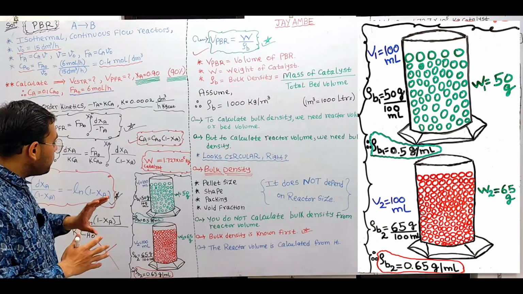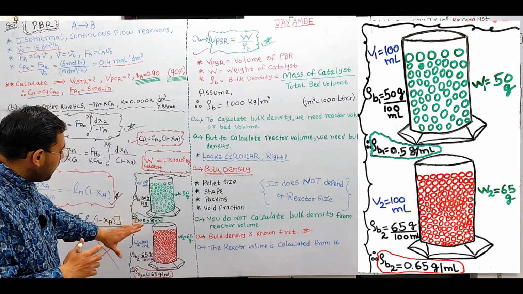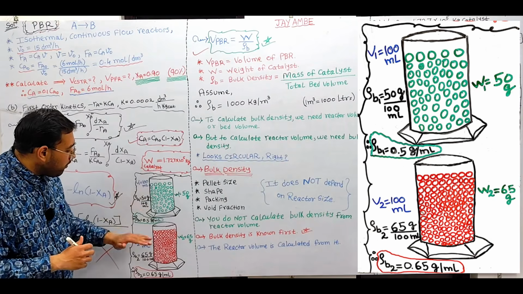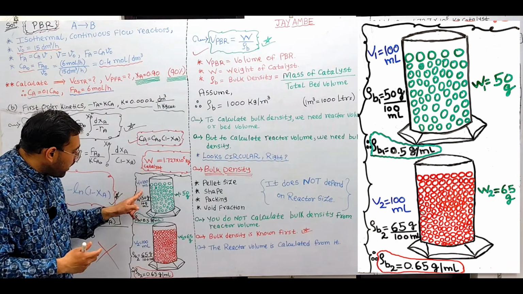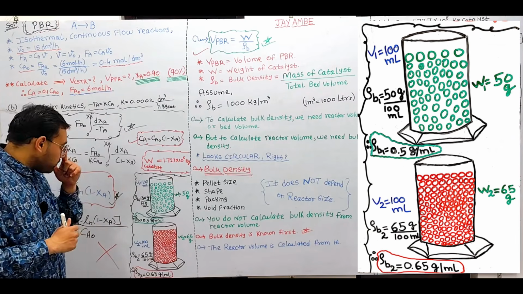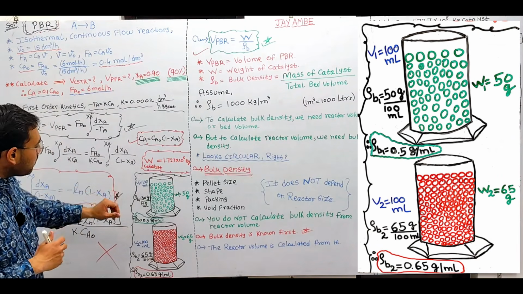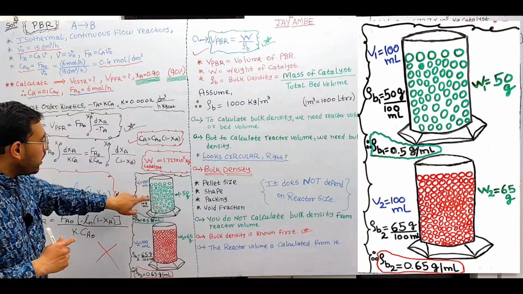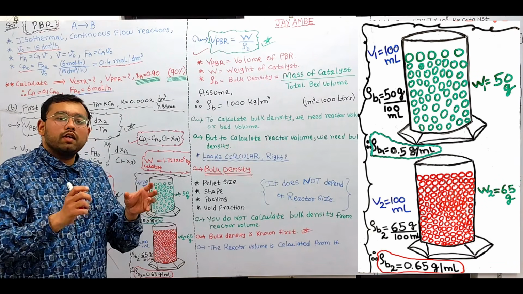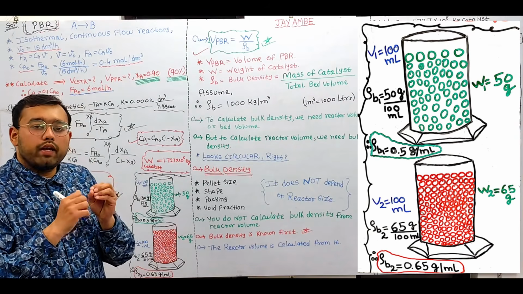Now visualize and observe here what the difference is in the void fraction for the first case in comparison to the second case. You can observe that in the first case we have a higher void fraction, which means more space between the solid spherical catalyst.